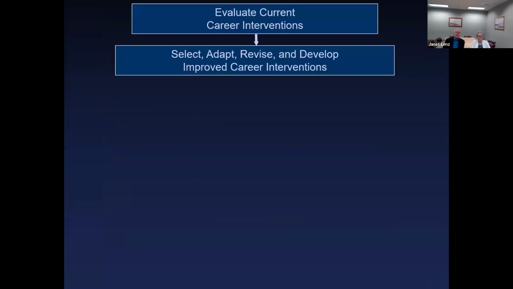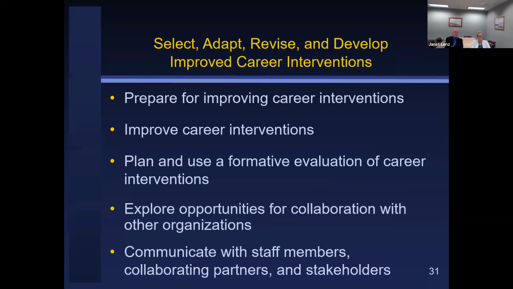This next step here is this select, adapt, revise, and develop improved career interventions. And the select, adapt, revise, and develop are the 4 things that we can do. We either pick an intervention that already exists, we adapt something that already exists, we revise something we're already doing, or we create something new.